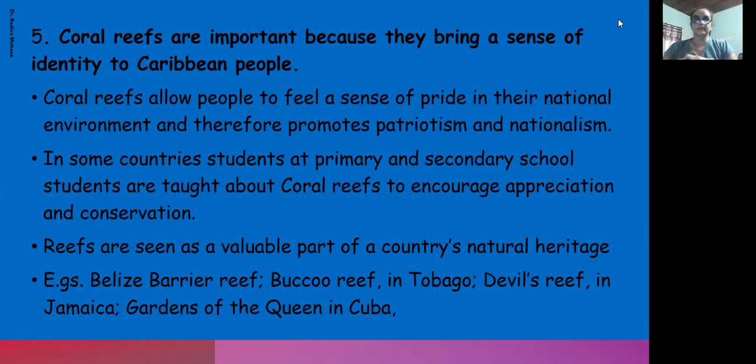So when we're talking about sense of identity, we're talking about that feeling of pride and patriotism and nationalism, that you know you belong to a country with these beautiful reefs, so you work on the reefs. And one of the ways in which that is encouraged is through education at primary and secondary school. So, for example, if you do geography, you would learn about the reefs and so on.